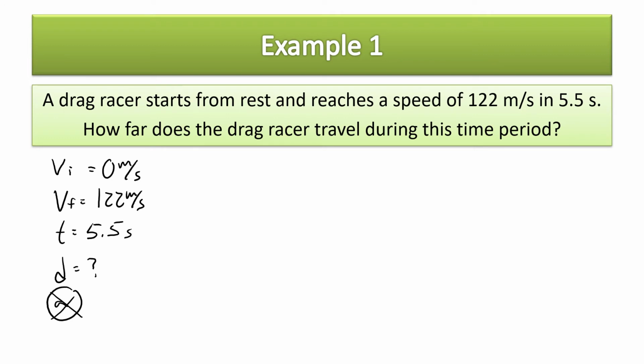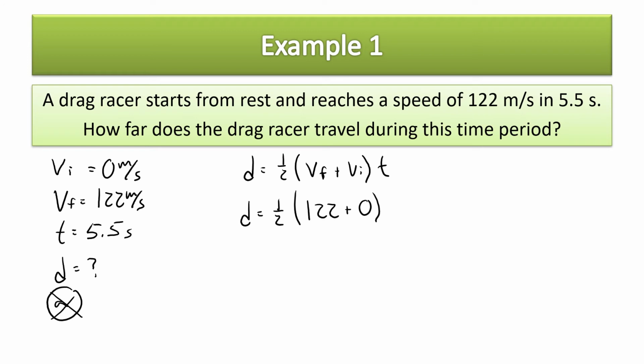Once you determine which equation you want to use, and in this case we'll use d is equal to 1/2 times vf plus vi times t, then you can substitute in your numbers. We're looking for the displacement: 1/2 of 122 plus 0 times 5.5, and then you can solve.